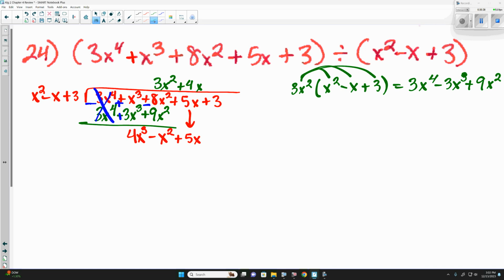Now at this point here, we're going to multiply again. We're going to do 4x times our x squared minus x plus 3. 4x times x squared is 4x cubed. 4x times negative x is negative 4x squared. And our 4x times 3 would be plus 12x.